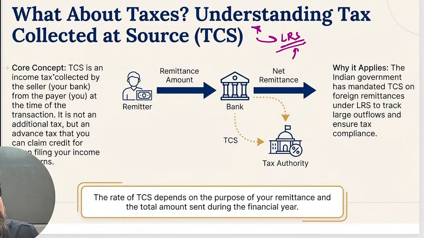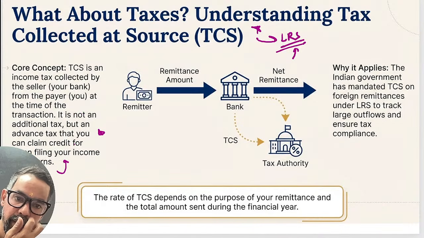So TCS is collected by the seller, the car seller, or let's say if we are remitting some money abroad, then the authorized dealer bank or FFMC from wherever we are taking that, collects it from the payer at the time of the transaction. It is not an additional tax, but an advance tax that you can claim through the ITR filing also.